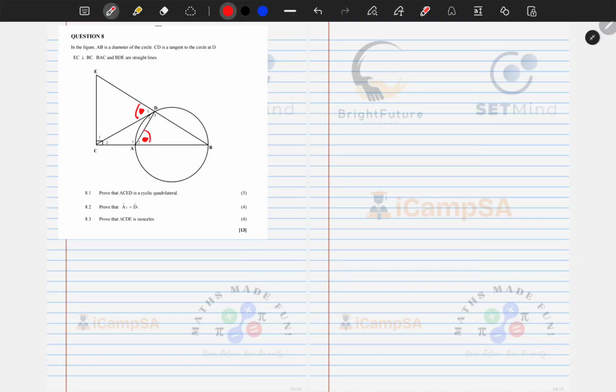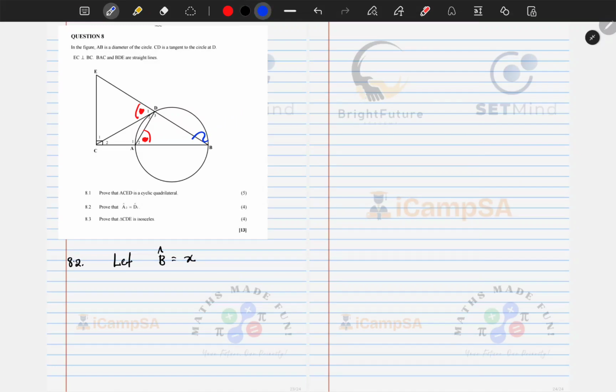So the easiest way we are going to do this is very simple. We are going to let something be equal to x, because eventually that will allow us to solve this. So we are going to say that angle B equals x.